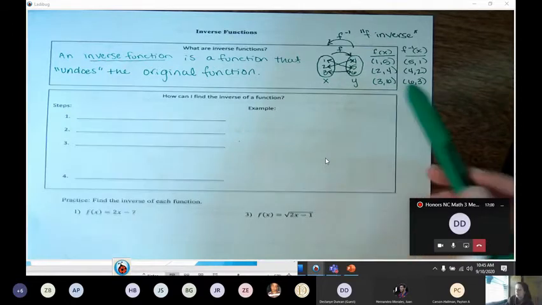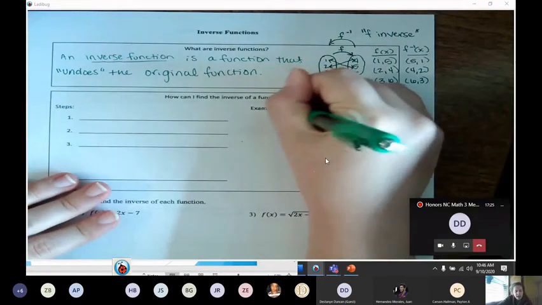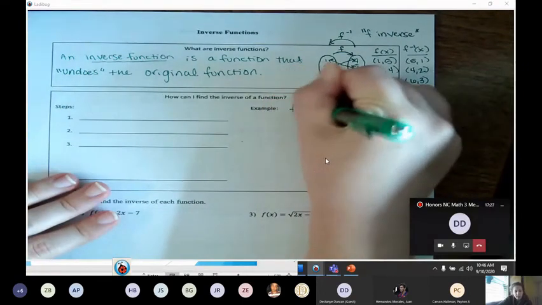What other questions do you guys have about this definition? Okay, so that is kind of like the basic mechanics of what an inverse function is doing. Now we're going to actually talk about how to take a given function. So maybe we're given the function f of x equals 3x plus 6.